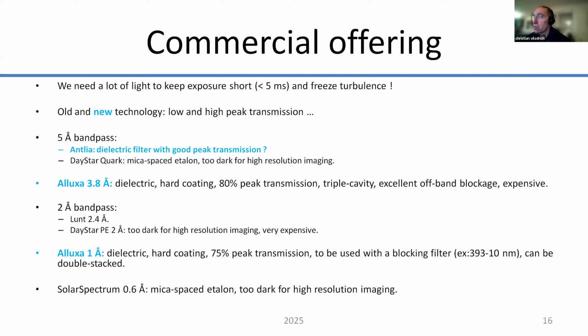So it seems to be quite good. We also have the Daystar Quark. This one is a Mica Space Etalon, but unfortunately, it's rather dark. So it's difficult to make a high resolution image with this because exposure times are long, and it's very difficult to freeze turbulence with long exposure times.